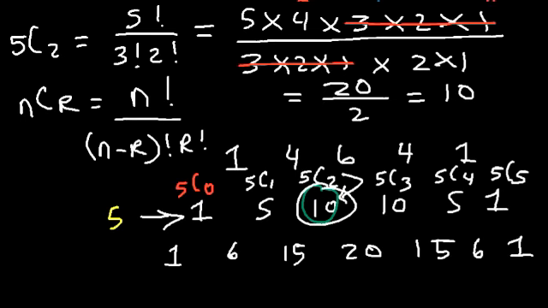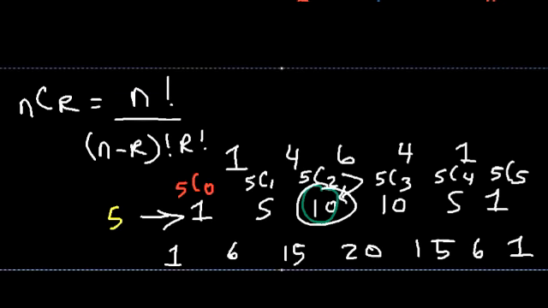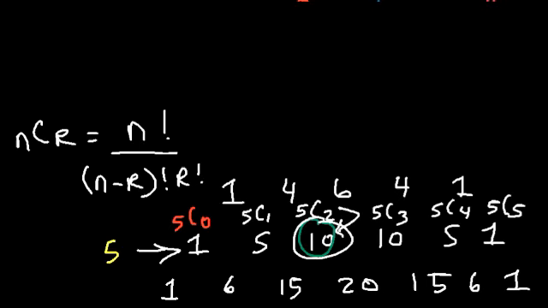Let's try another example. Let's find 6c5. So the first one is 6c0.